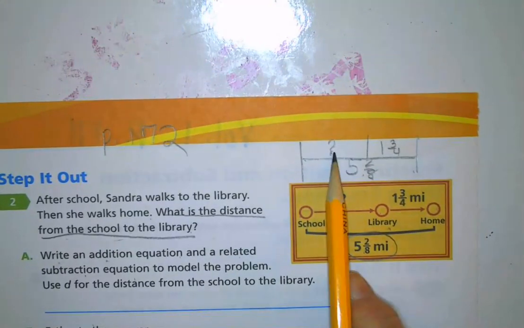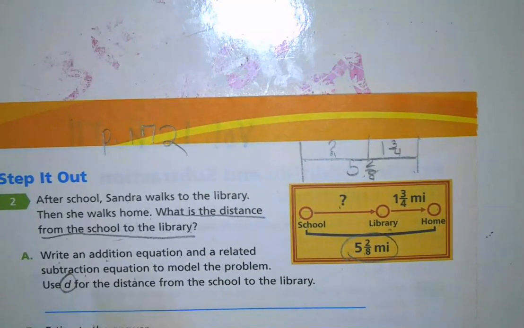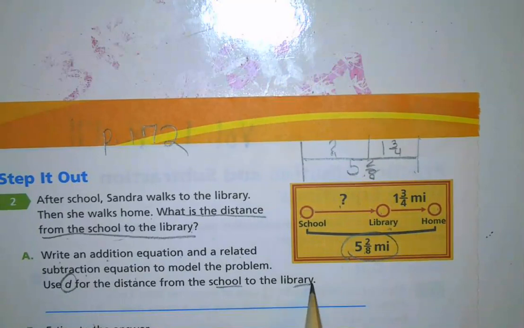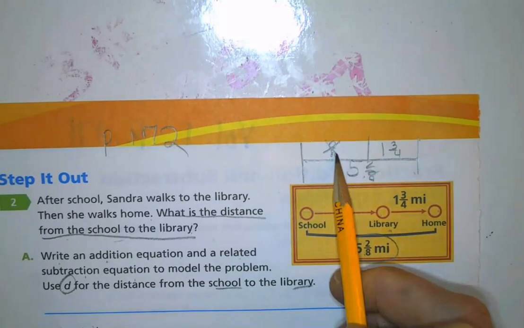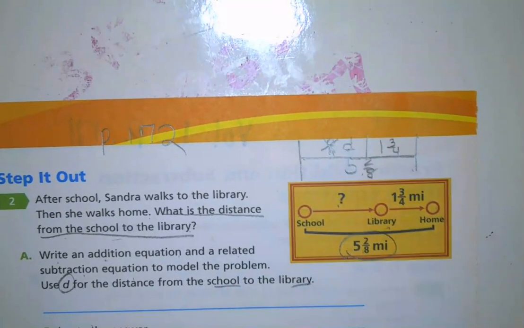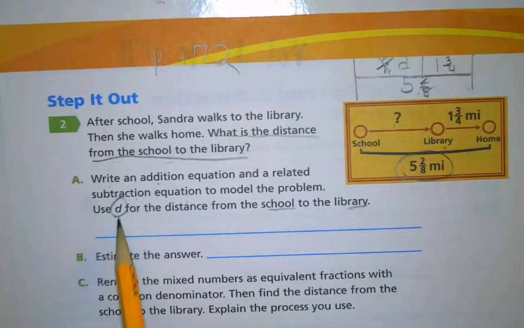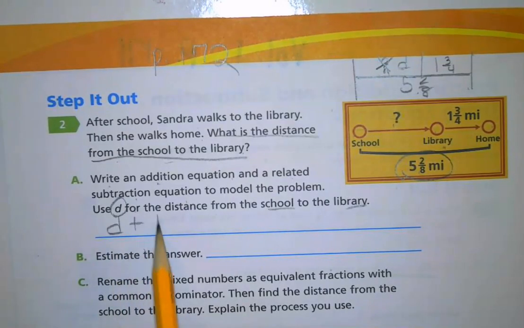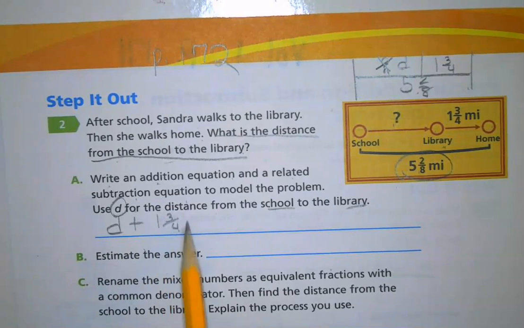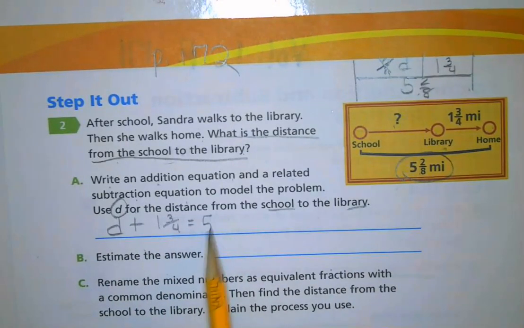Alright, so instead of writing a question mark, I'm going to use a D for the distance from the school to the library. So I know that my addition is D plus 1 3/4 equals 5 2/8.